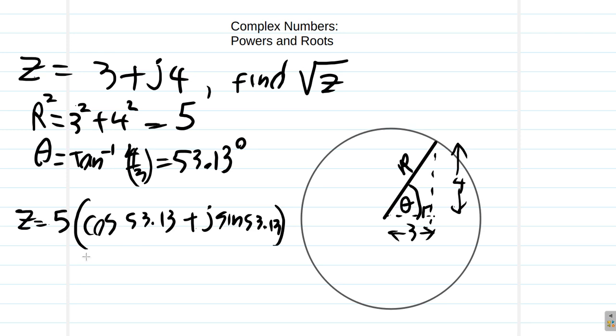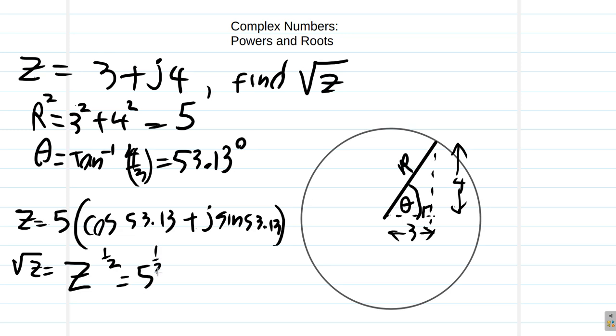Now, what you are going to do is find the square root of this complex number. The square root of z is the same thing as z to the power of half.